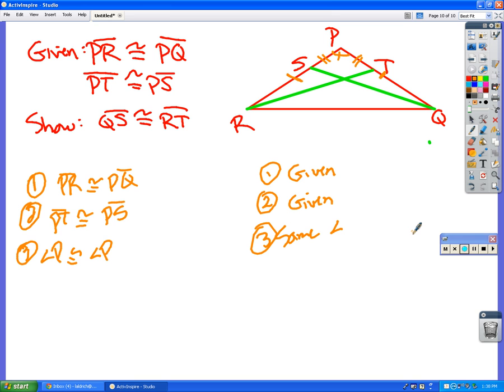Okay, and so now I can say triangle, usually once you get three pieces, that's going to be enough for you to do a congruency thing. So this triangle right here, the upper left, how would you like to name that?